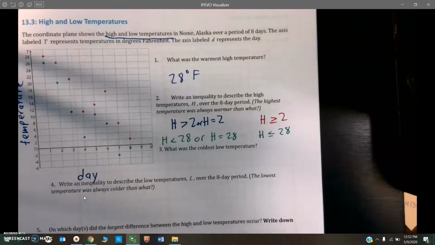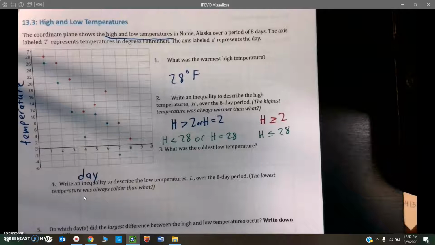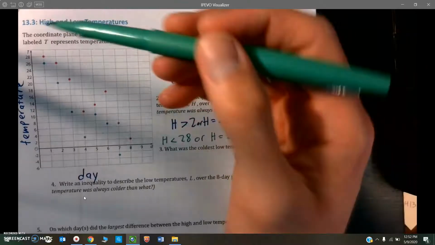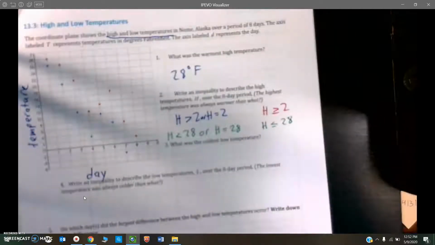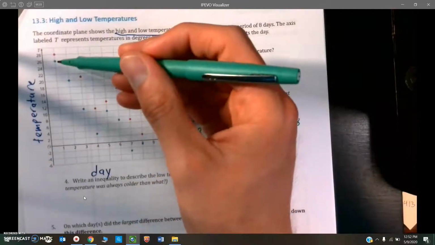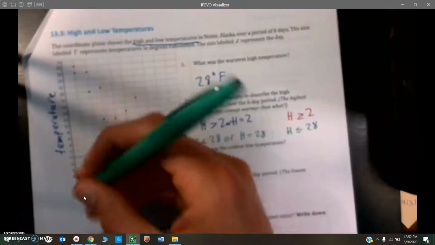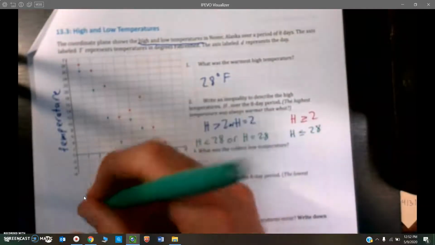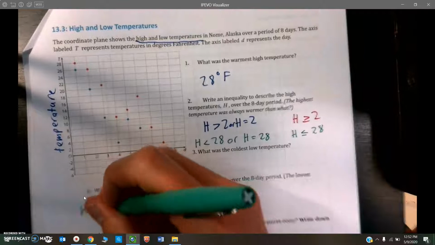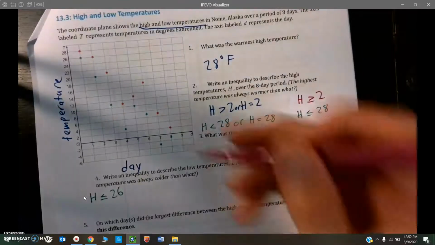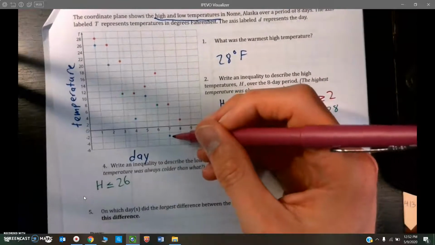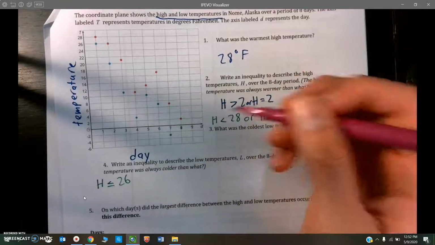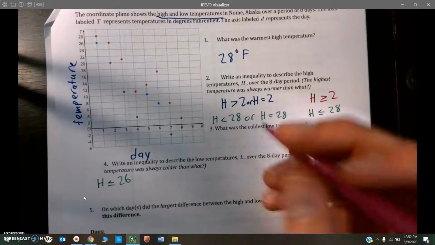Now write an inequality to describe the low temperatures over the 8-day period. So here is the highest low temperature. The highest blue is 26. So H was always less than or equal to 26. And here's the lowest, which looks like -3 about.